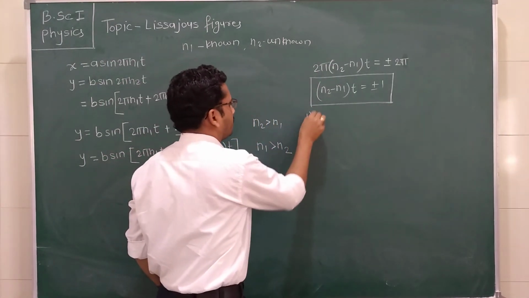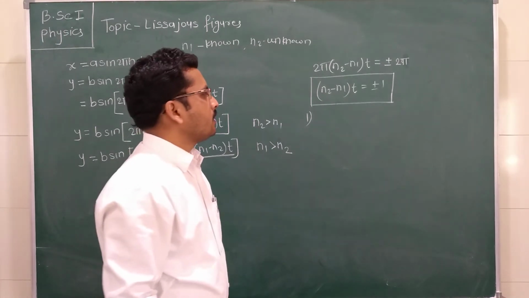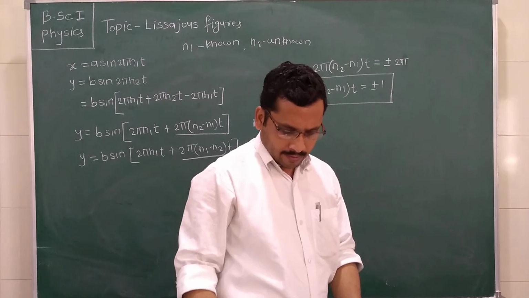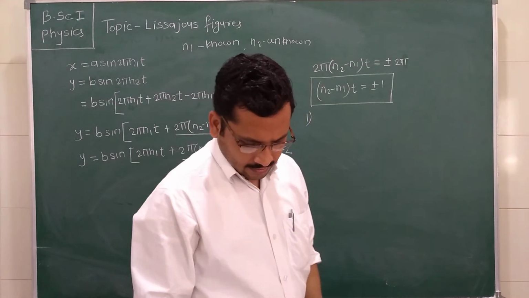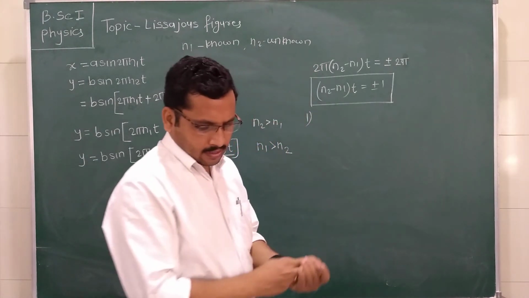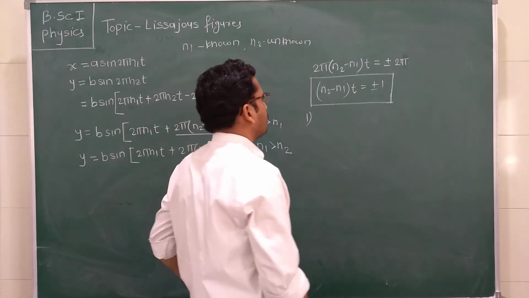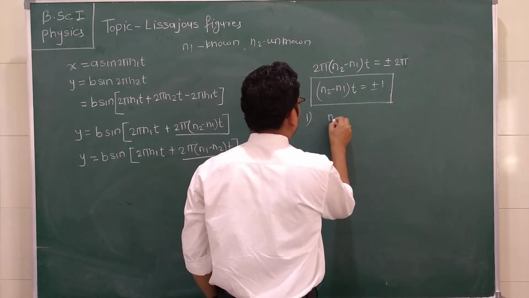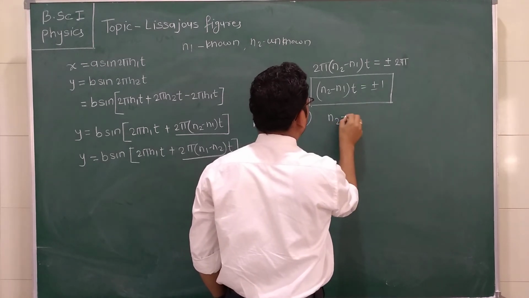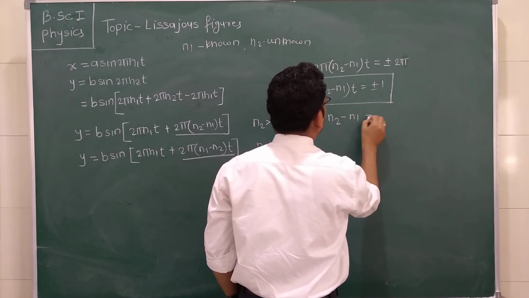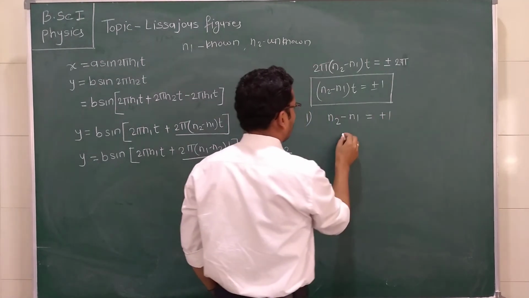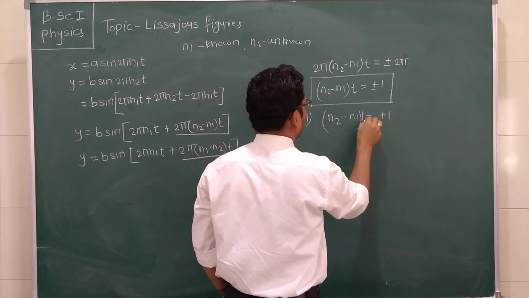Now there are two special cases. How are the special cases stated? In the special case we can write n2 minus n1 is equal to plus minus 1. So we can write here n2 minus n1 is equal to plus 1, so this multiplied by t is equal to plus 1.